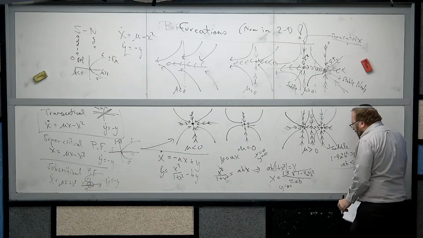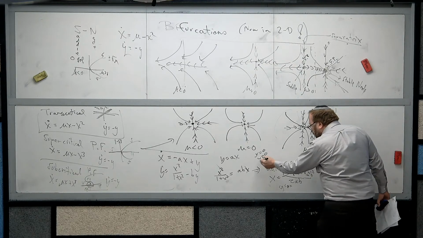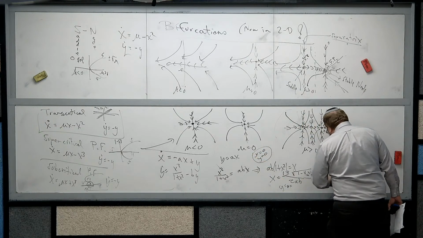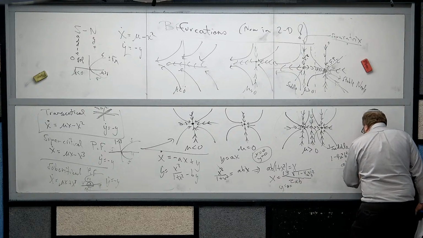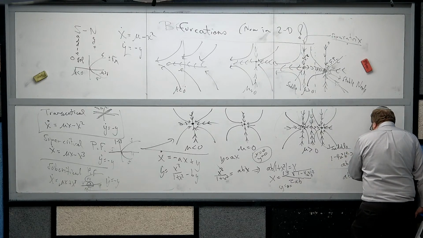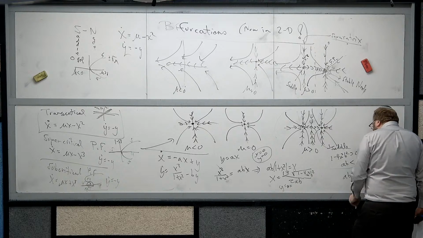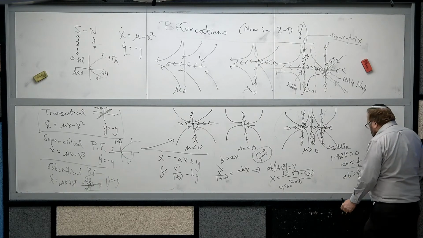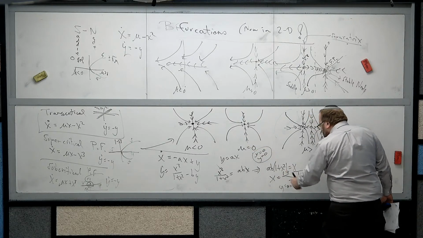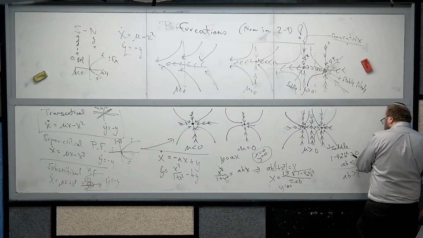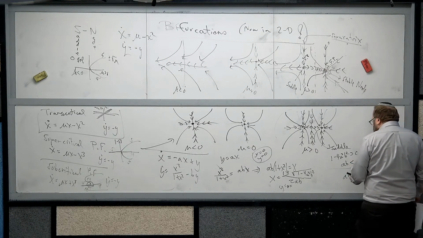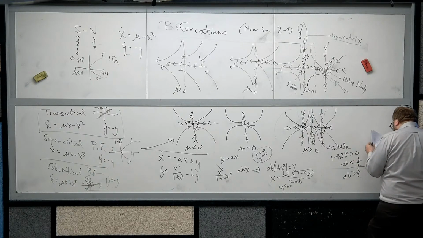So if ab is less than a half, there are three solutions: this one, which is always there, and then these two. And if ab is greater than a half, then these two solutions are gone. So this is a saddle node bifurcation.